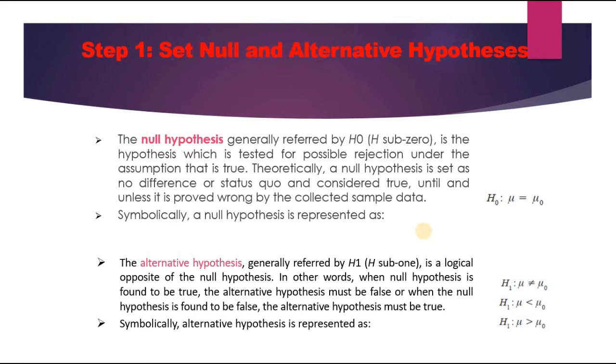You can note it down that a null hypothesis refers to a specified value of a population parameter, not a sample statistic. A null hypothesis may be rejected, but it can never be accepted based on a single test. You can reject it, but you cannot accept it based on a single test.